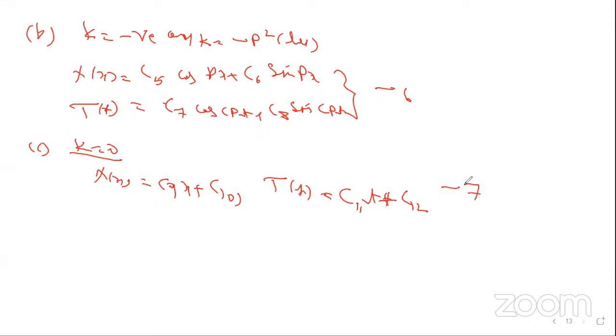Out of these three sets, we have to choose the solution which is consistent with the physical nature of the problem. Since we have studied a vibration problem, the solution must naturally be a periodic function of x and t.